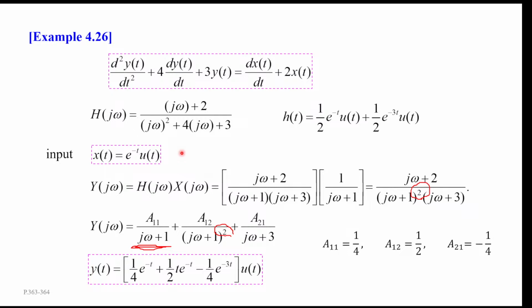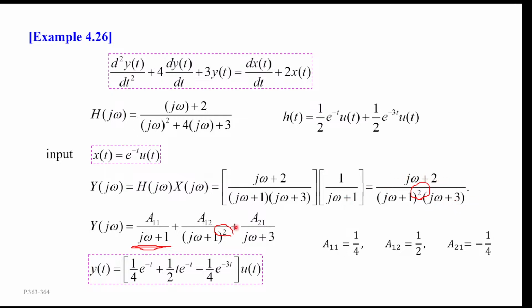So x of t has this Fourier transform 1 over j omega plus 1. And so you multiply big H with big X, you see that it's still a rational function. You get a rational function times a rational function and still get a rational function.